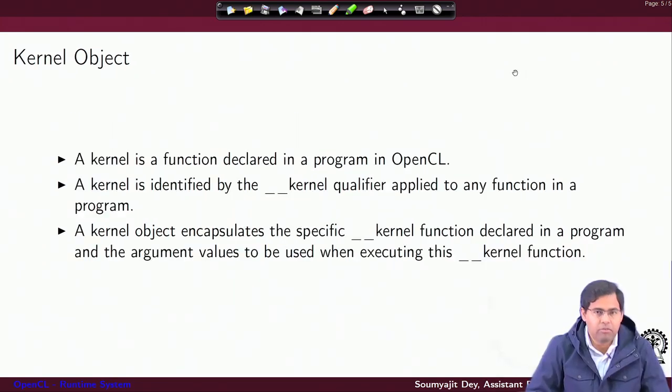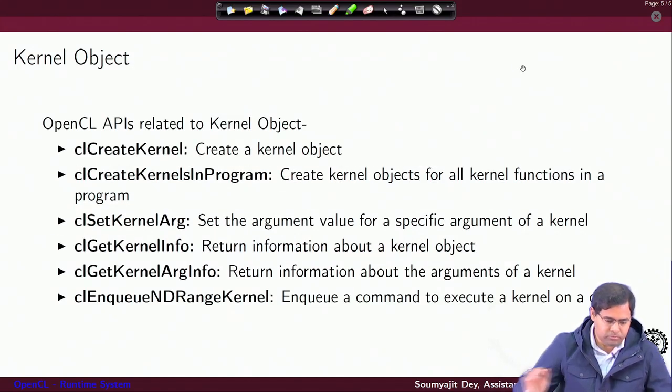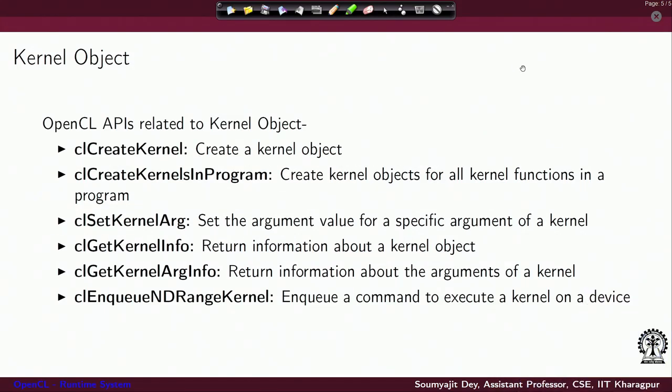So what's a kernel object? A kernel function is declared in the program. The kernel is identified by the __kernel qualifier, as we have seen earlier. Now the corresponding kernel object encapsulates this function which is declared in the program, and also encapsulates the argument values to be used when this kernel function is executed.